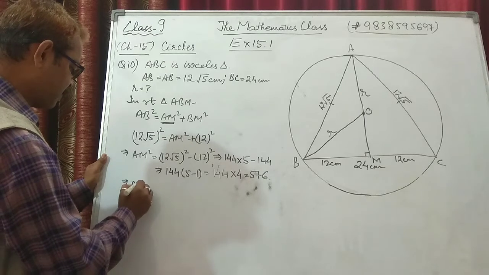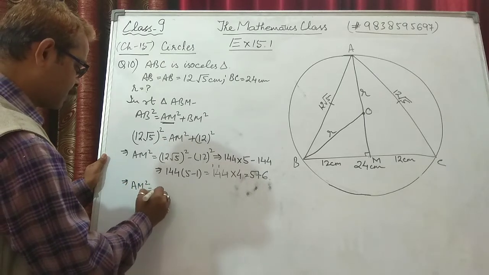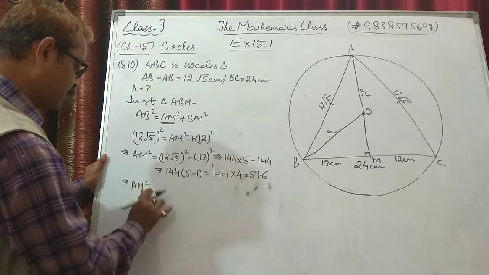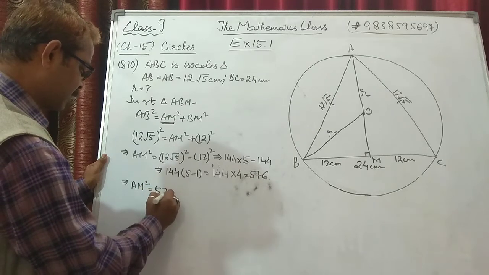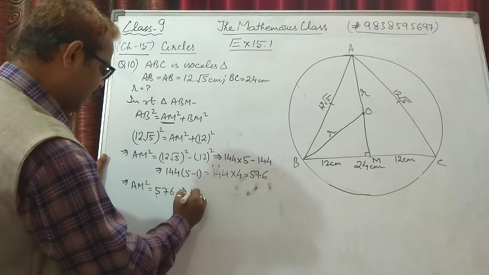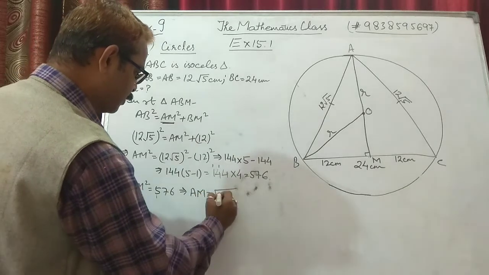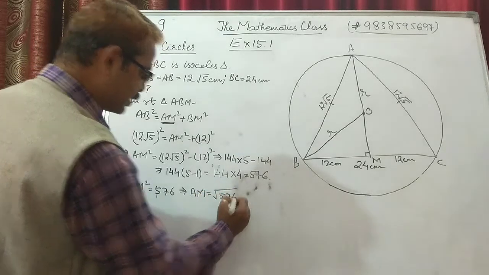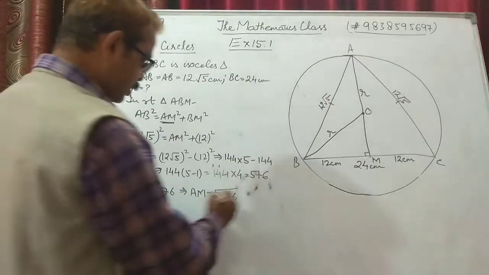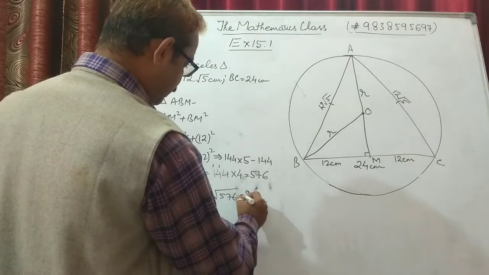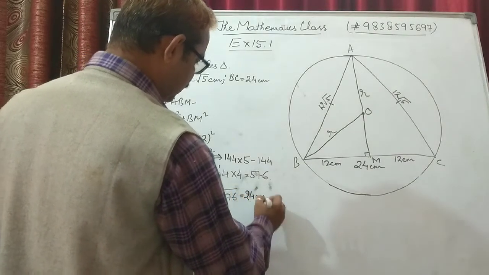It means that AM square is equal to 576, which implies that AM is equal to under root of 576. So this comes out to be 24 centimeters.